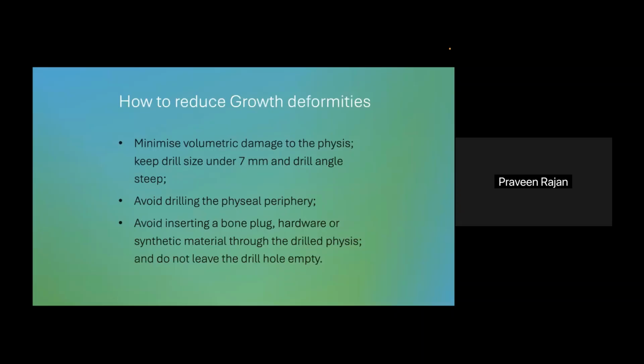So how to reduce the growth deformities? Minimize the volumetric damage to the physis, keep drill size under 7 mm and drill angle steep. As I mentioned before, more angled drilling can cause more physeal damage. Avoid drilling the physeal peripheries to prevent angular deformities. Avoid inserting a bone plug, hardware, or synthetic material through the drilled physis, and do not leave the drill hole empty.